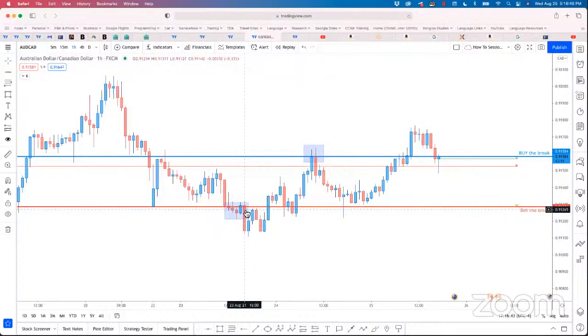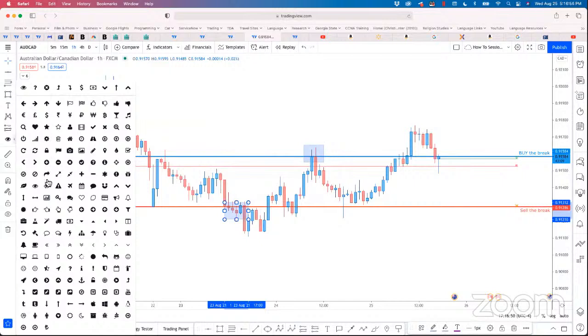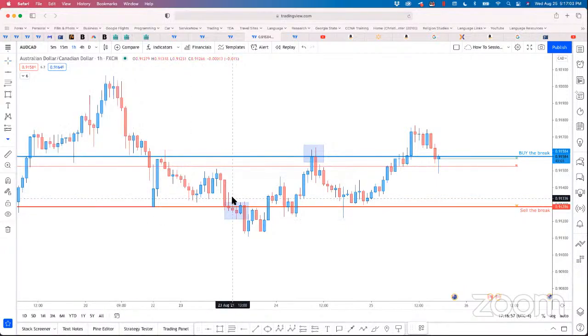Okay. And it looks like for the sell, you would have had a signal to enter this trade right here, right there, and right there, on any one of these candles right here.